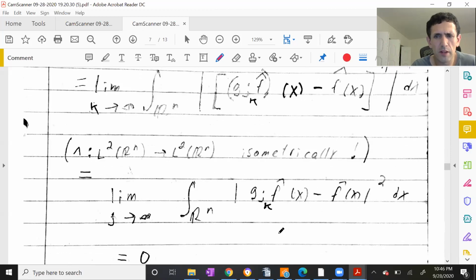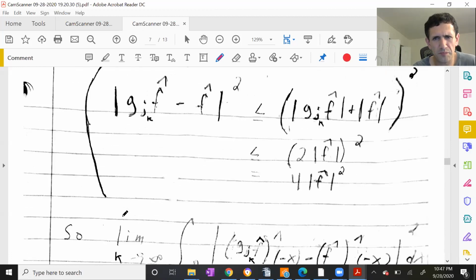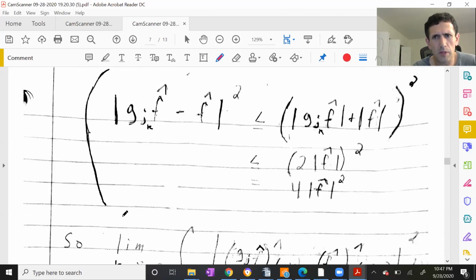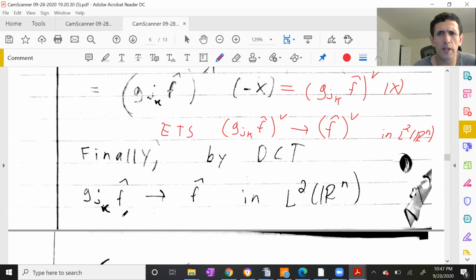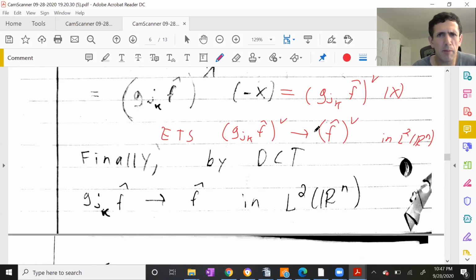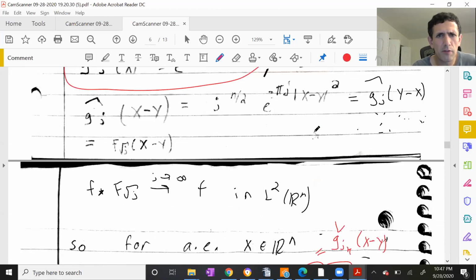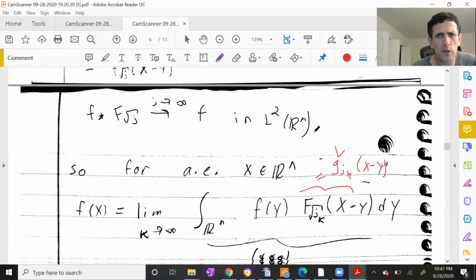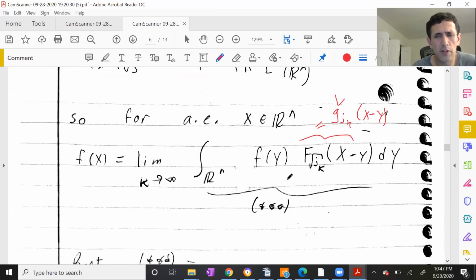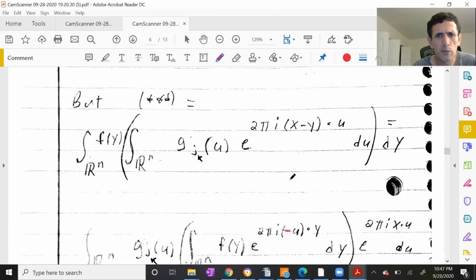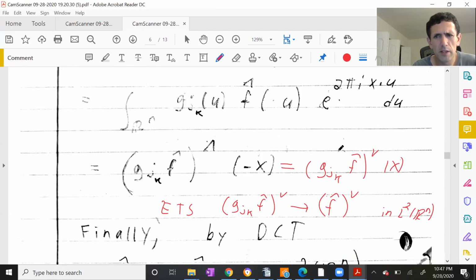Okay. Should be k here. But anyway, as k goes to infinity, this converges to 0. And again, that's exactly what we need. So maybe just to recap here, for almost every x, f of x is going to be this limit. This limit here, we computed to be g_jk of f hat inverse Fourier transform.